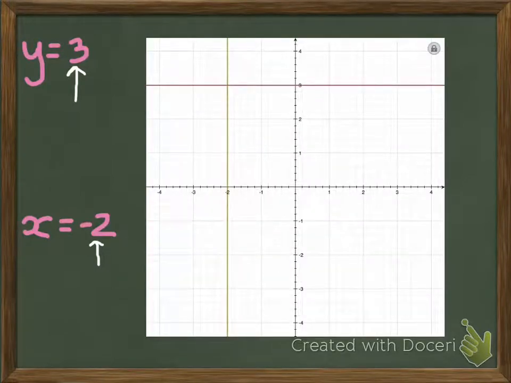You can see what we have up here is the line y equals 3. Notice anywhere along this line, not just where it cuts the y-axis, but anywhere along this line, the y-coordinate will be 3. And then my line x equals minus 2 is this vertical line over here.